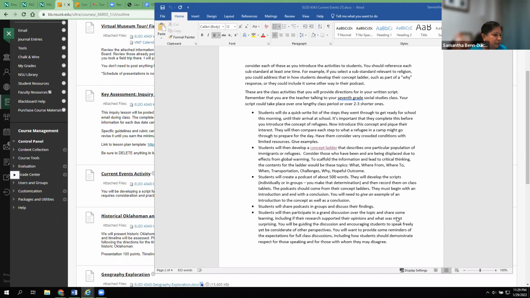Then you'll give them directions about how they will share podcasts in groups and how they'll discuss their findings. And when I say in groups, well, if they've already been working in groups, then their group might be that they each present theirs to the whole class, but that's up to you, the teacher. And then the students are going to have a grand discussion, an open discussion in which they need to understand how their choice of words and the way that they speak to others is very important.